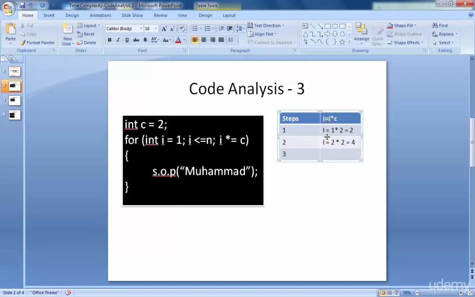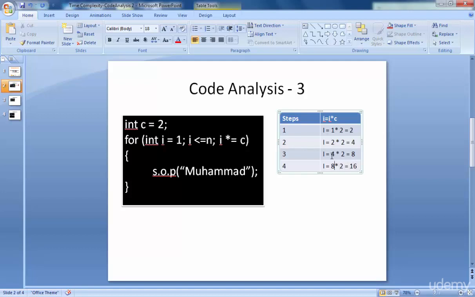In the third iteration, the current value of I is 4, right, because we are storing the resultant back to I. 4 multiplied by 2 is equal to 8, right? In the fourth step, I equals 8 multiplied by 2, equals 16.